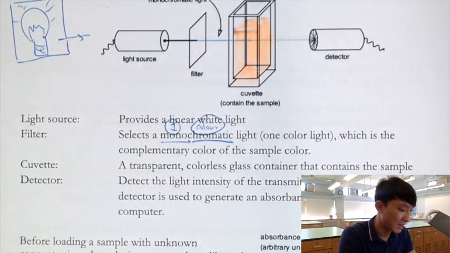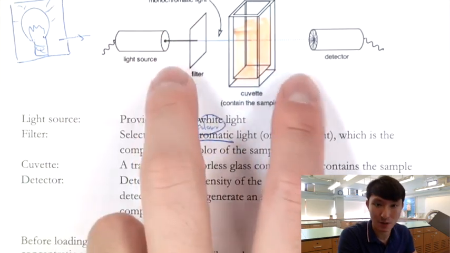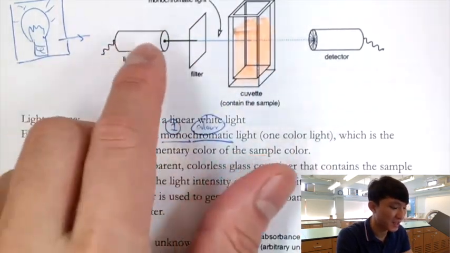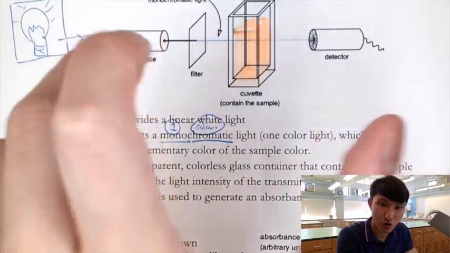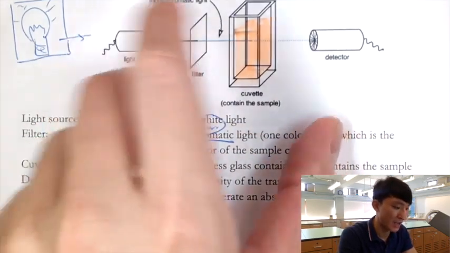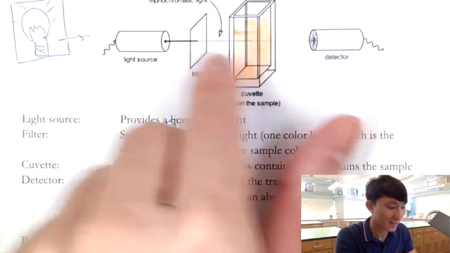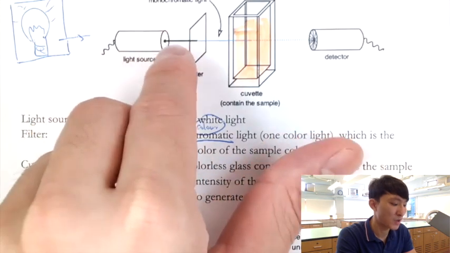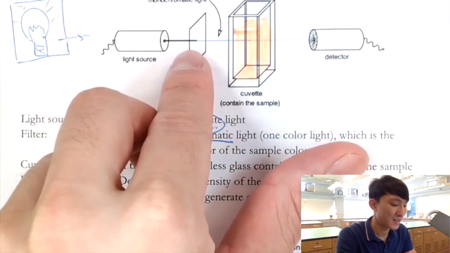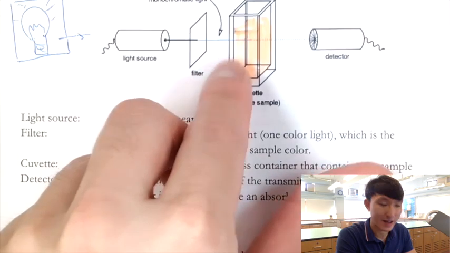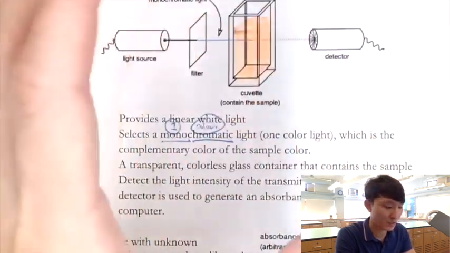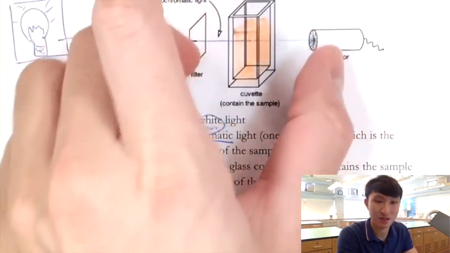Now, of course, the actual design is more complicated. The actual design will have another control setup, with an empty cuvette, and they try to measure how much light is absorbed by the cuvette, and also scattered as it travels along the distance.